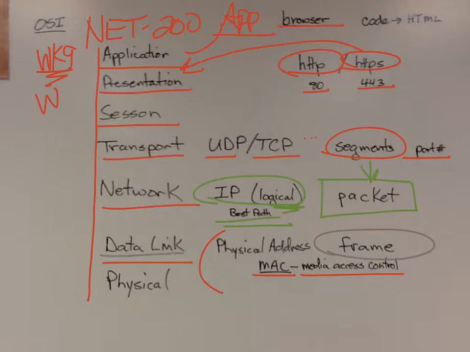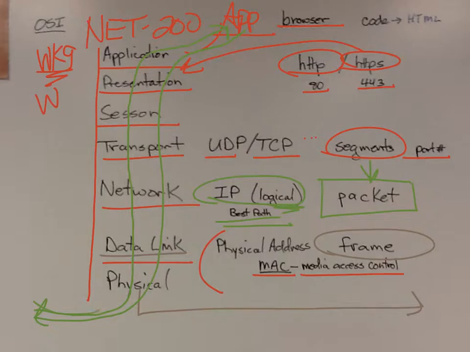Then physically it gets put on the wire or on the fiber or in the air to connect to the other physical part, which moves it back up the hierarchy. So when it gets to the other end, it moves up the layers until it gets to the app. Then that app responds, goes down the layers, and then back up when it goes end to end. Talk more about that later on.